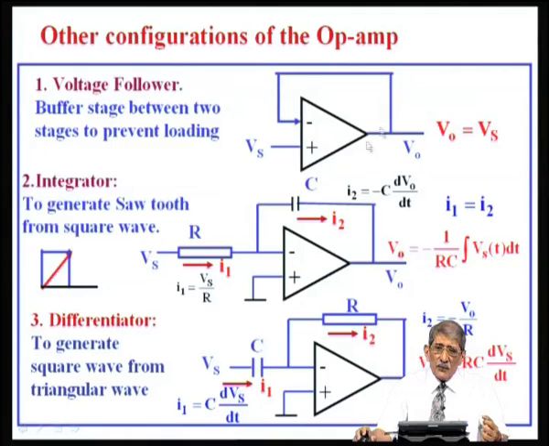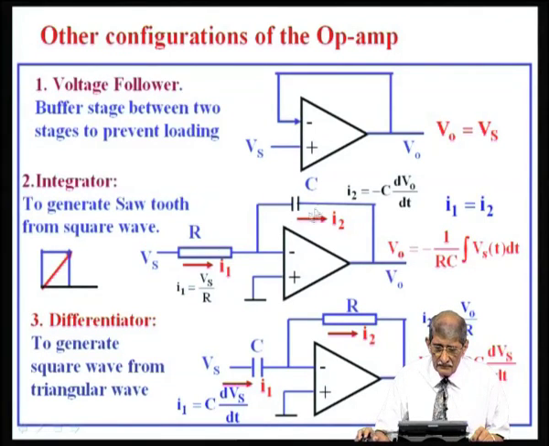The output resistance here is small and the input resistance is large, so this does not load the previous circuit, and since output resistance is practically 0, the entire voltage is available for the next circuit or measuring device. So, this is the buffer, very commonly used.